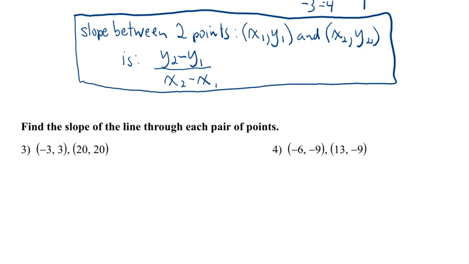All right, so if I'm trying to match up with the formula, this is x1, this is y1, this is x2, y2. And I want to find the slope. I'm going to subtract the two y's on top. 20 minus 3.